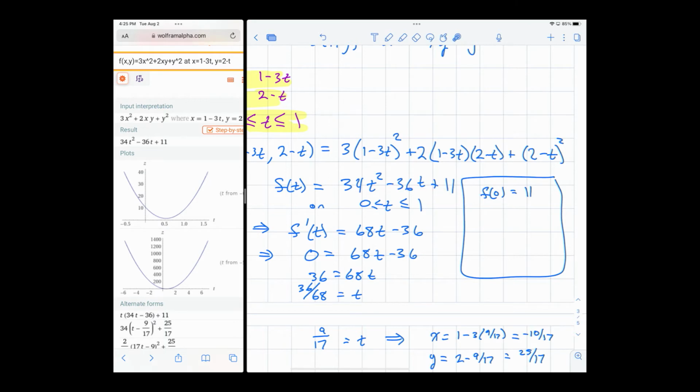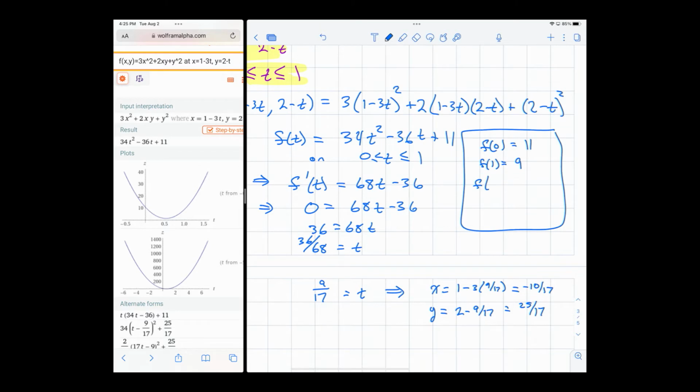I can easily put in a 1 here, and I would get 34 minus 36, which is negative 2. Negative 2 plus 11 is 9. And then I could put in this third point that I just found, plugging in a 9 over 17, and I would get another function value there, whatever I get.